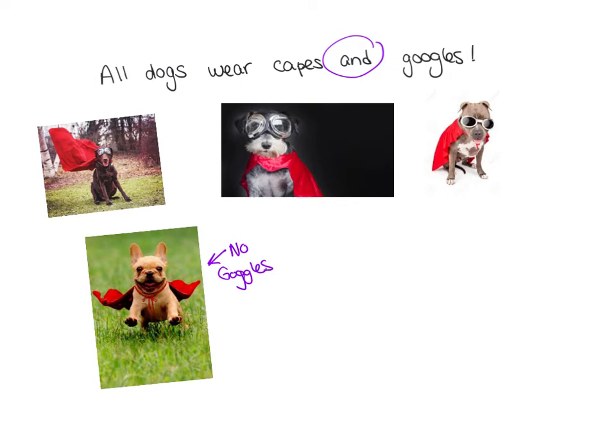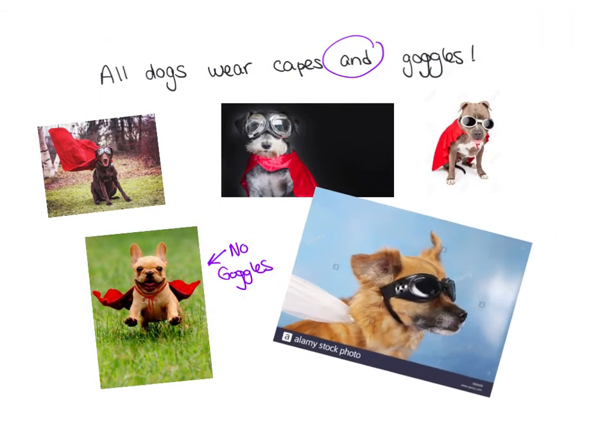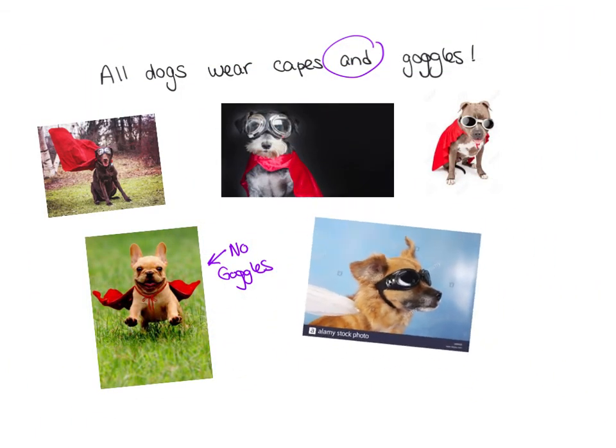Let's fix that. Goggles. So there's a dog that has no goggles. Let's see what else we have ready for us. Here's a dog that has goggles, but no cape. He has a scarf on, but that's not a cape. We'll label that as a scarf. Be very specific here. So he has no cape.